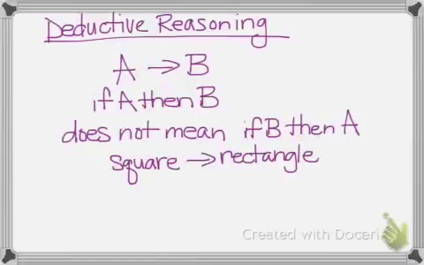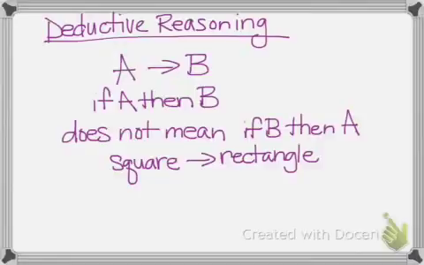For example, if a quadrilateral is a square, then it is a rectangle. A square has 4 sides, all 90-degree angles, and opposite sides are parallel.